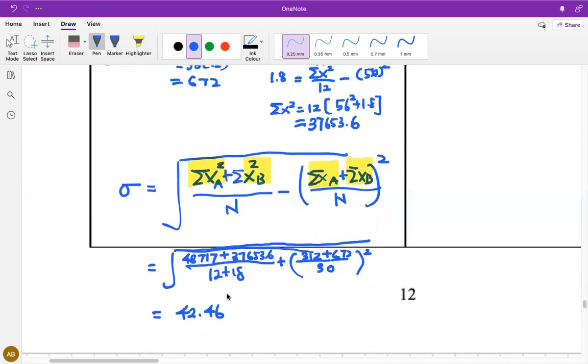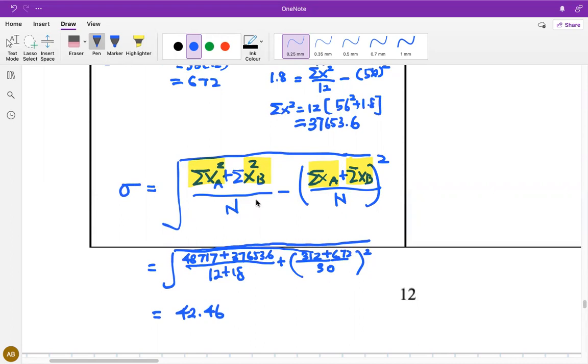So remember, this is the formula. It's the same as the formula for standard deviation, just that we need to add the two sum of x squared for A and B. And then for the mean, we add the sum of the total data for A and B, and then divide by the total number of data.